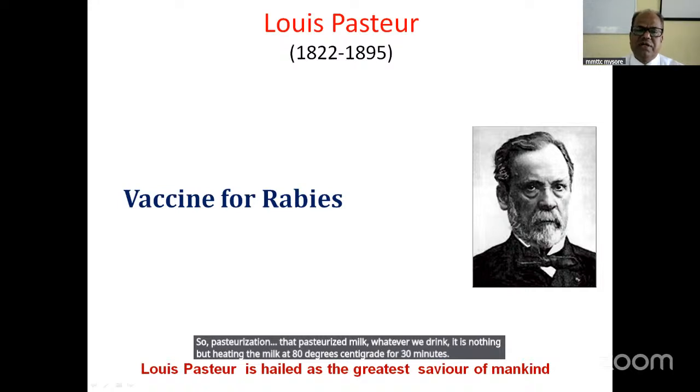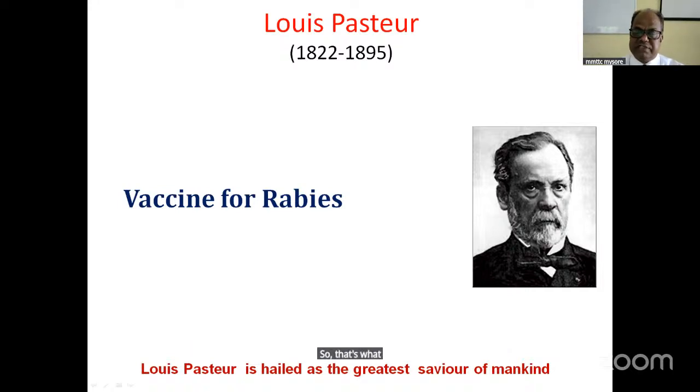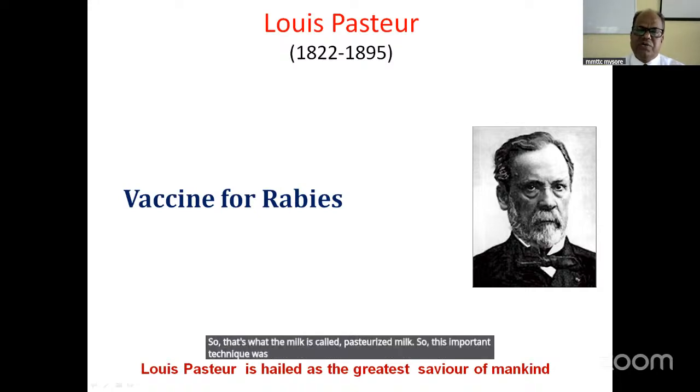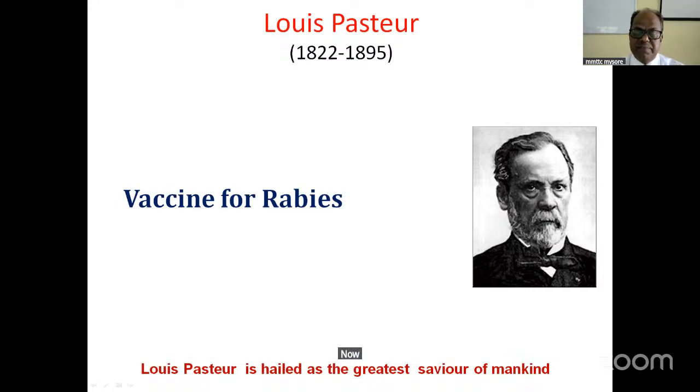That is why it is called pasteurized milk. For this important technique, Louis Pasteur won the World Science Prize way back in 1860. At that time the Nobel Prize did not exist. Now the same pasteurization technique is applied to almost all food preservation.